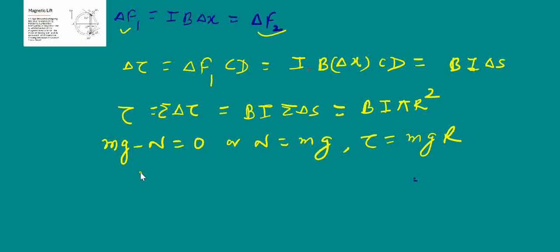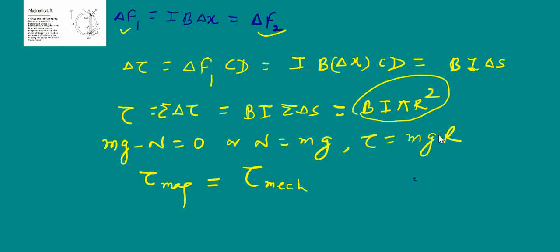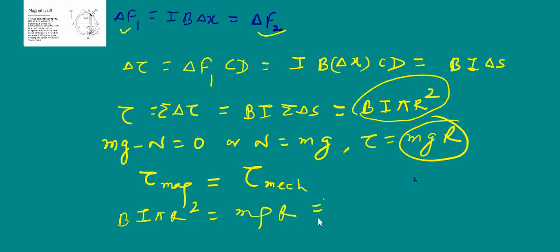You would like to write that the torque produced by magnetic forces is equal to the torque produced by mechanical forces, and we have the values of both torques. You are going to write down the equation BI pi r square is equal to mgr, and this will give you the value of current we are looking for, and this is nothing but mg by pi Br.